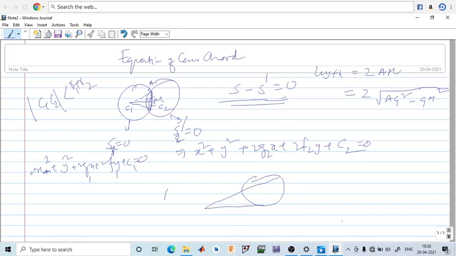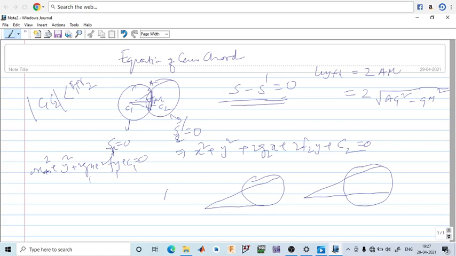If we draw some pair of tangents, just a minute, I have discussed one wrong part. Somehow I told about the previous part, right?